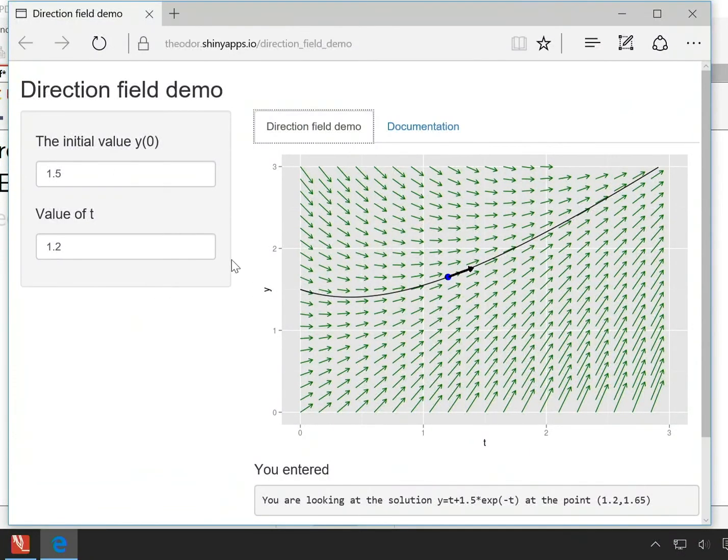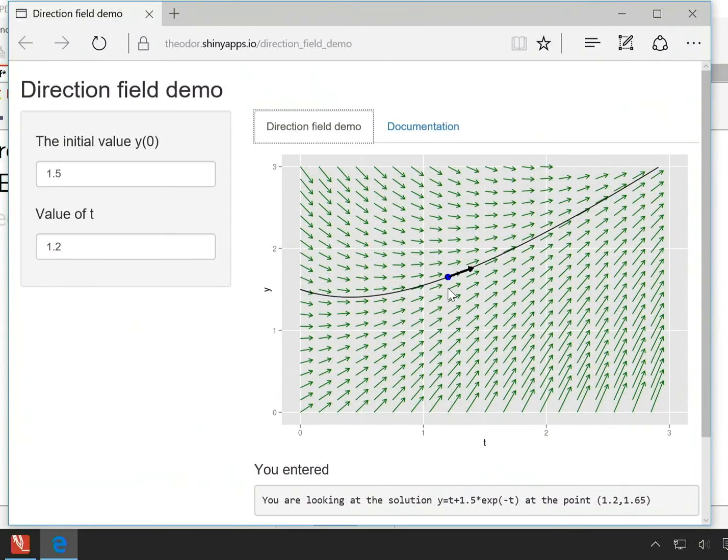Here, the initial value of y is 1.5. So the point 0, 1.5 is on our solution. The black curve is a solution. As you see, it kind of follows the arrow. So each arrow here is a tangent vector to this curve whenever it is attached to a point on the curve.